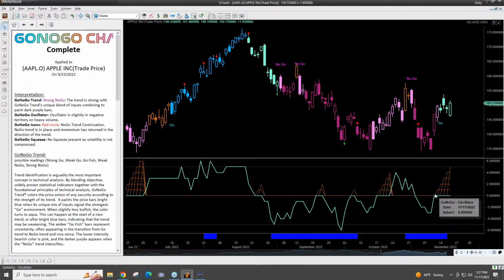A perfect example of this, and this is Apple if you didn't catch that, is we see these little orange step-up bars. It's their indication that there is a squeeze and a high probability of a breakout or a reversal, basically.